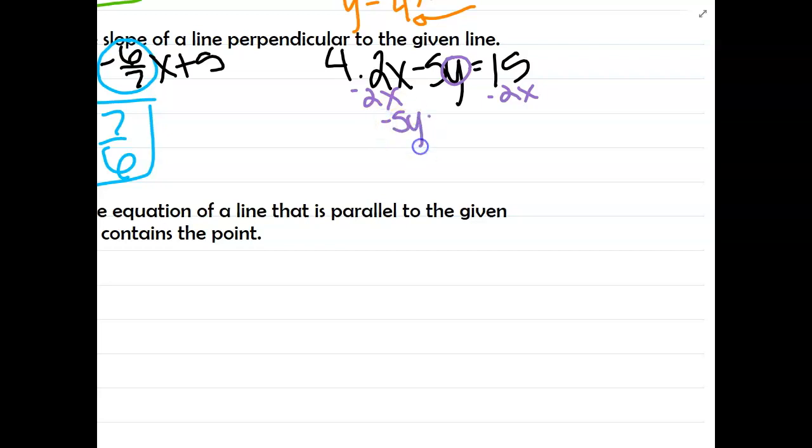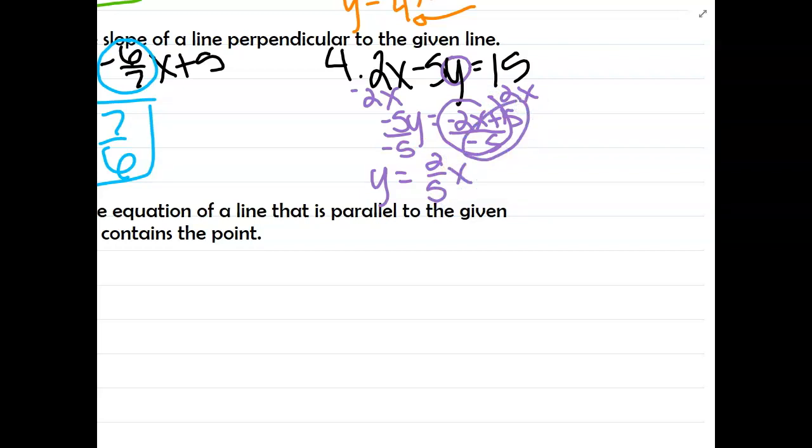So we have negative 5y equals, once again, I like to put the x first, so it'll be a negative 2x plus 15. And then to get rid of the negative 5, divide by negative 5. So we would have y equals negative 2 over a negative 5 would give me a positive 2/5 x.